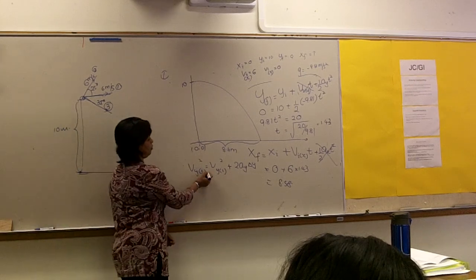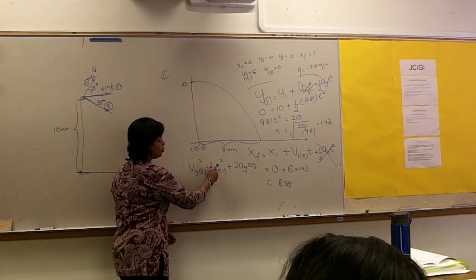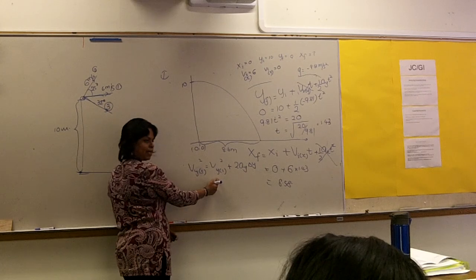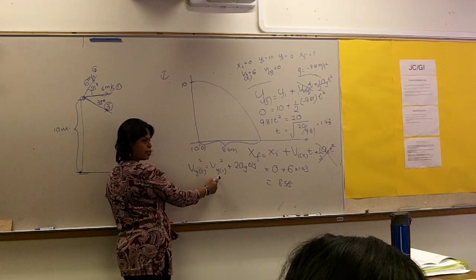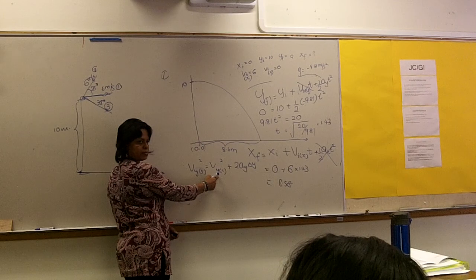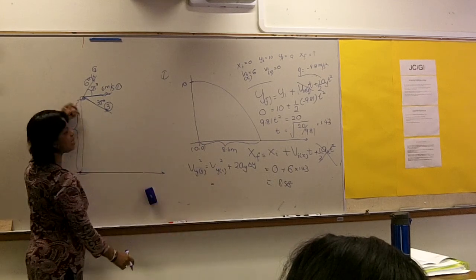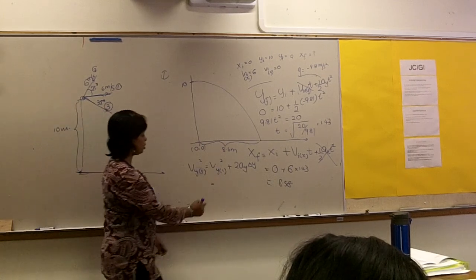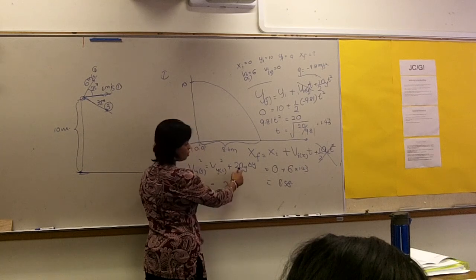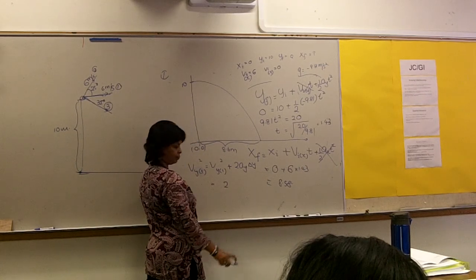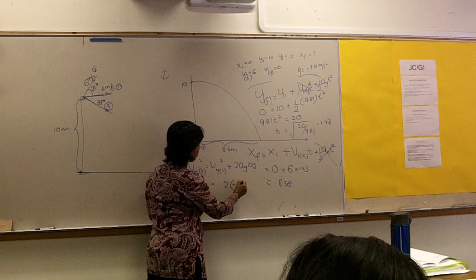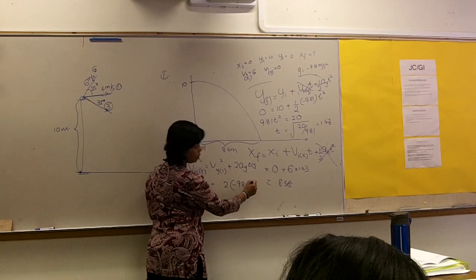So we are looking for this. Do we have an initial y velocity? No, this is 0. In the y direction there is no velocity at the beginning. What is your ay? Negative 9.81.